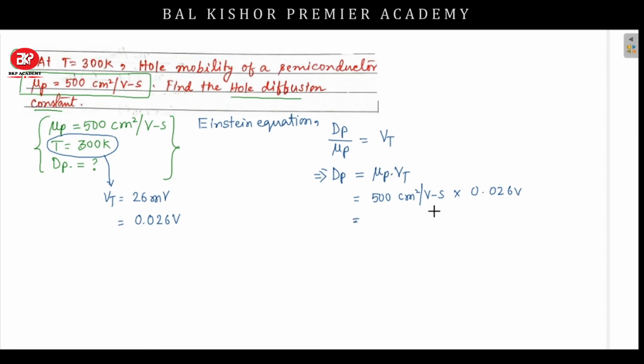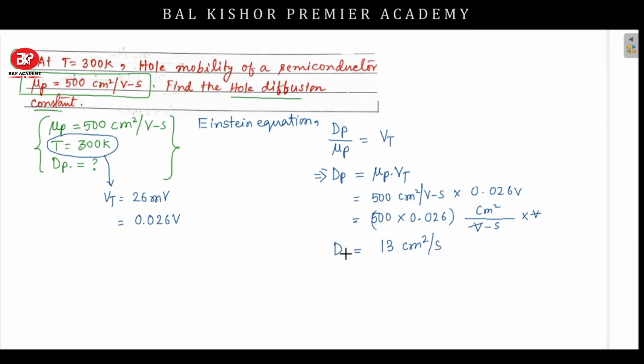After calculating this, you can get 500 into 0.026, and the unit here will be centimeter square divided by volt into second, and here there will be only volt. So volt and volt cancel out, so you can see it is centimeter square per second, and after calculating this you will get 13 centimeter square per second.